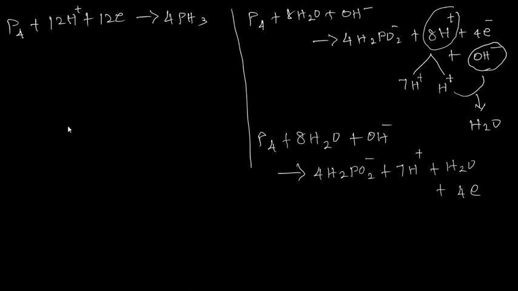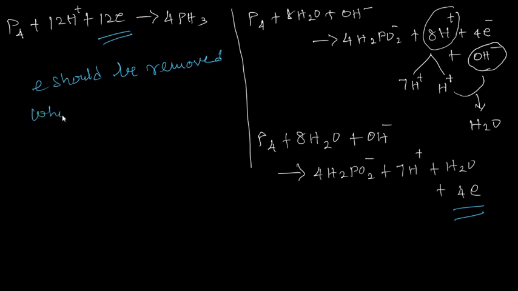So this is the reduction reaction, and in the oxidation reaction we have 4 electrons on the RHS side. So for balancing that we have to multiply it by 3. So now we are balancing the electrons. This is the important step, because if the electrons are balanced, then we can cancel out the electrons, so the reaction will be fulfilled.